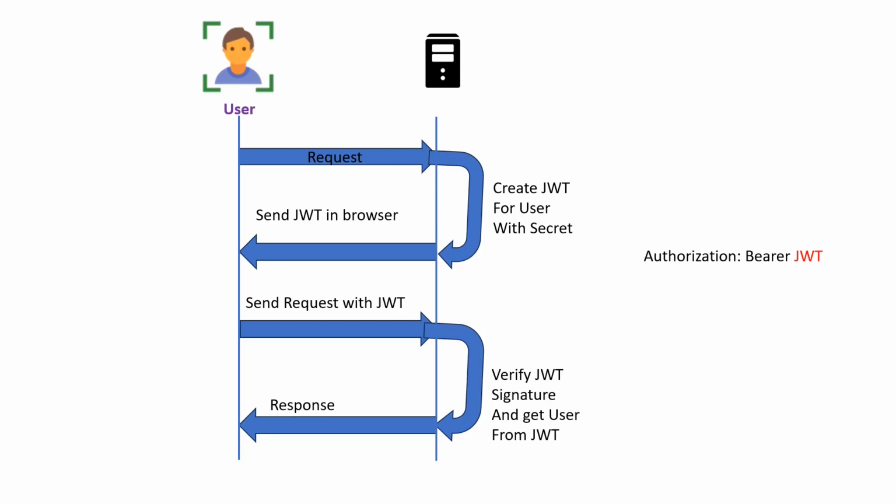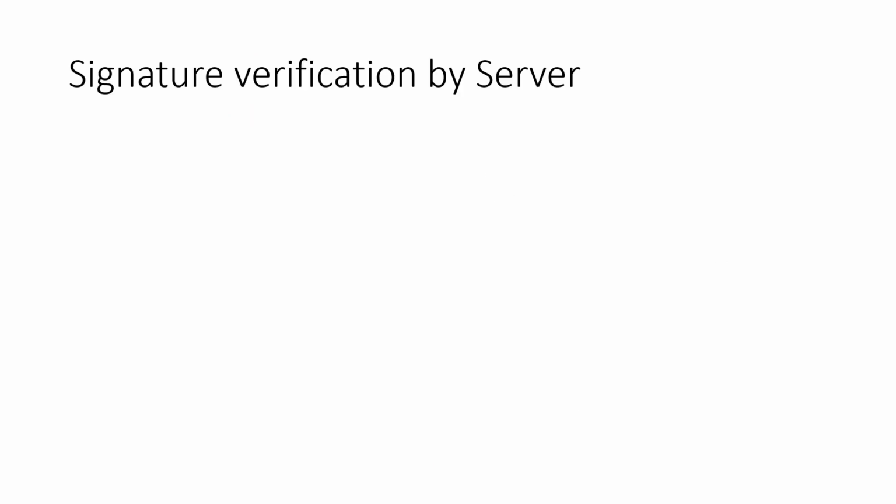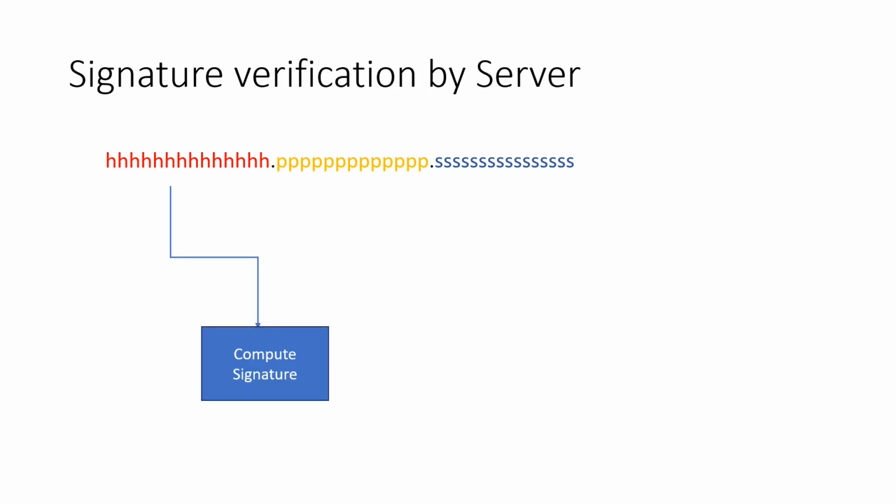Now let's understand how the server verifies the signature. We know that the JWT token has three parts: the header, the payload, and the signature. Once the server receives this JWT token from the client, it will take the first two values and compute the signature using its own secret, which is known only to the server, and then compare this signature with what was sent by the client.